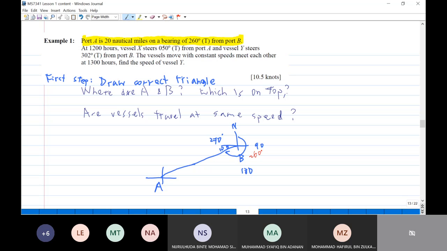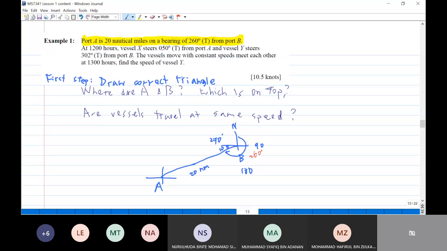And the distance between the 2 ports is 20 nautical miles. Okay, so where are A and B? Which is on top? So you can draw the direction. Say B, B is 260.